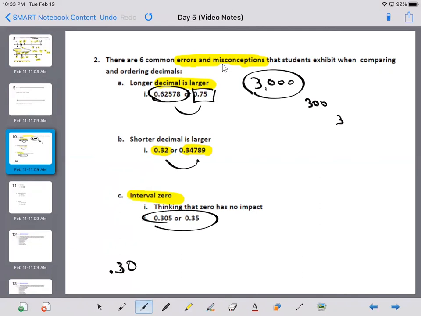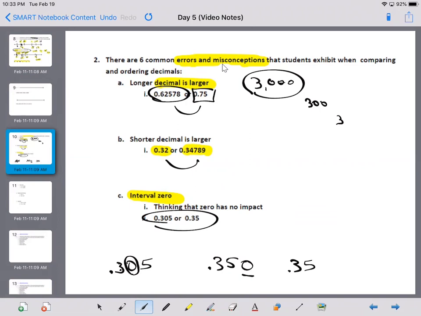doesn't have any impact. And you can also increase a place value and do a placeholder of 0. Notice I did that here because 350 thousandths is the same as 35 hundredths. But this 0 actually has meaning. It's actually 305 thousandths.